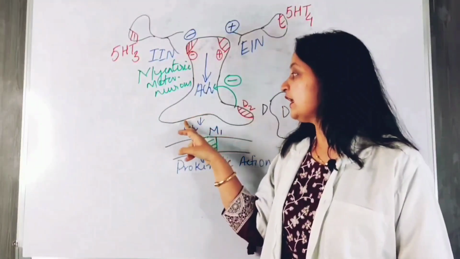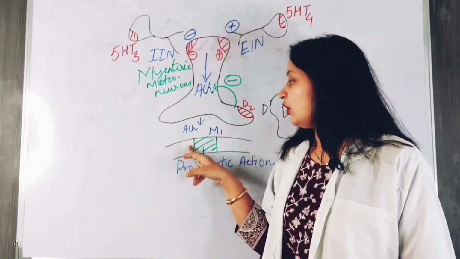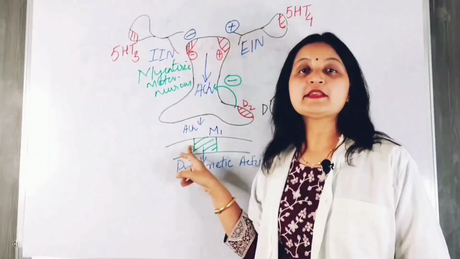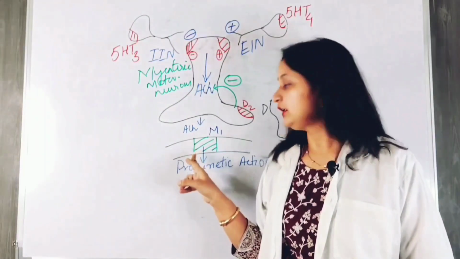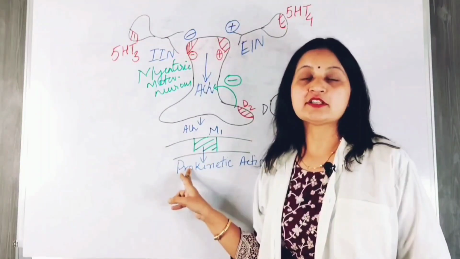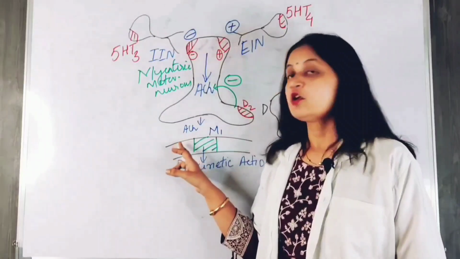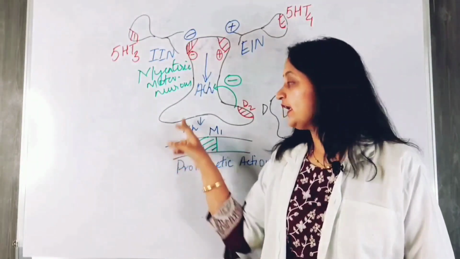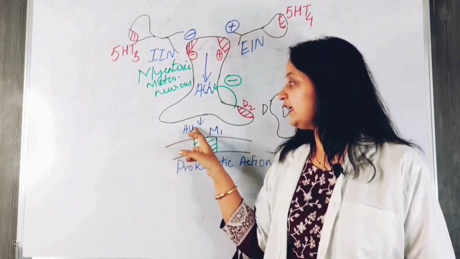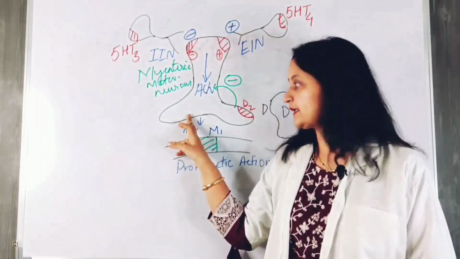The acetylcholine that is released into the synaptic cleft binds or stimulates the muscarinic receptor, that is M1 receptor in the gut, which in turn produces prokinetic action such as stimulation of gastric motility. So for a drug to act as a prokinetic agent, it should enhance the release of acetylcholine from the cholinergic neurons of the myenteric neuronal plexus.